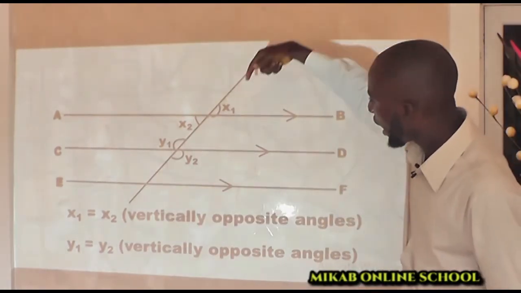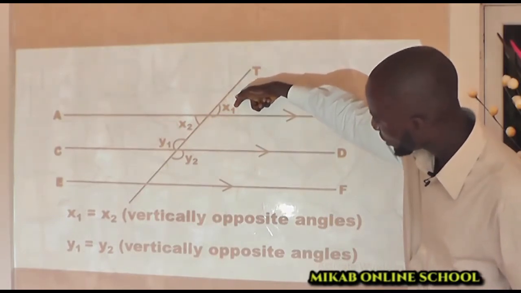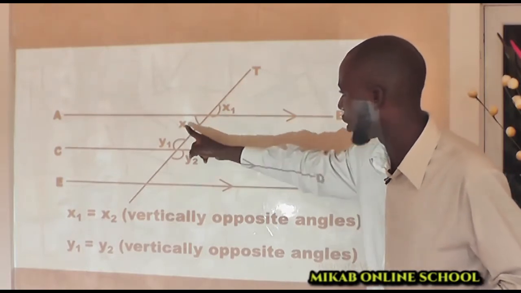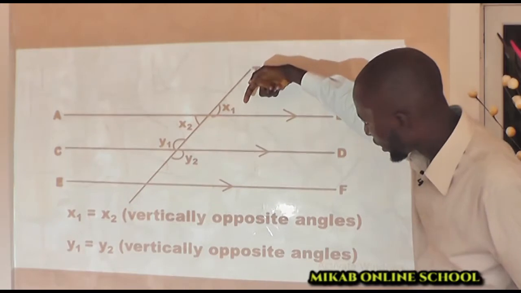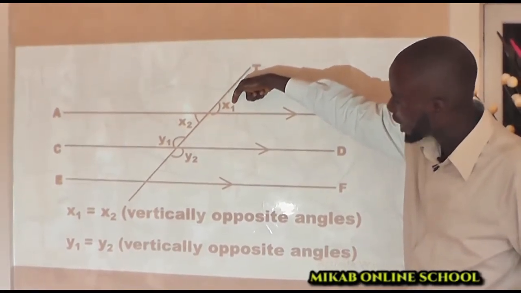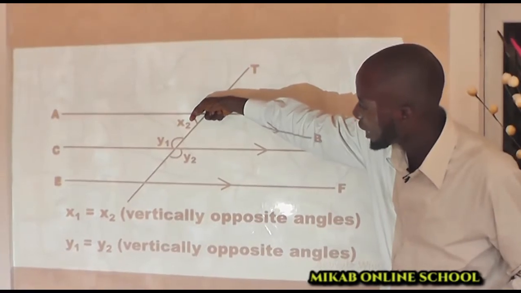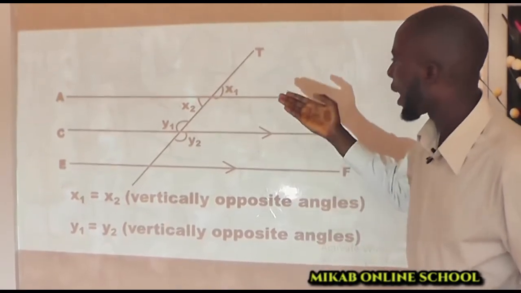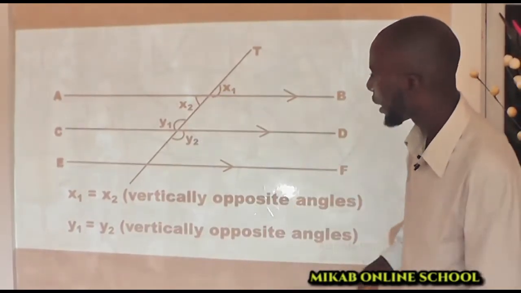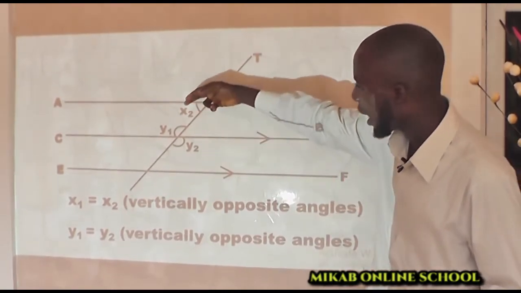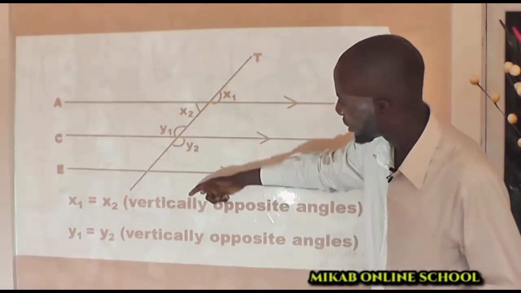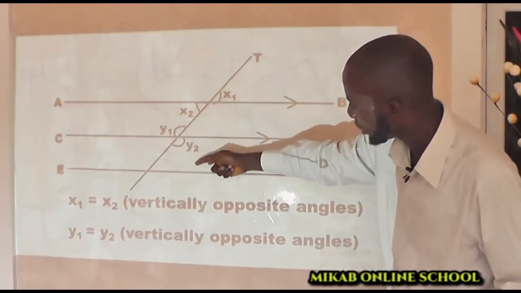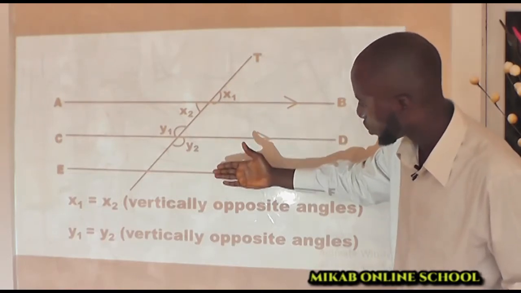The angle at x1 and the angle at x2 are vertically opposite, and the two of them must be equal. Angle y1 and angle y2 are also vertically opposite, so they are also equal.